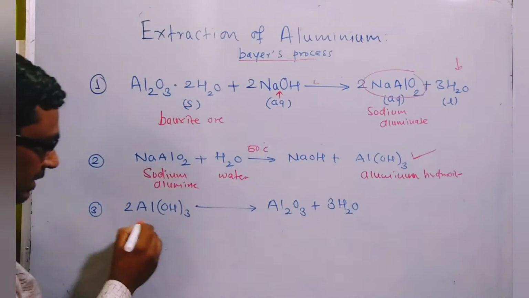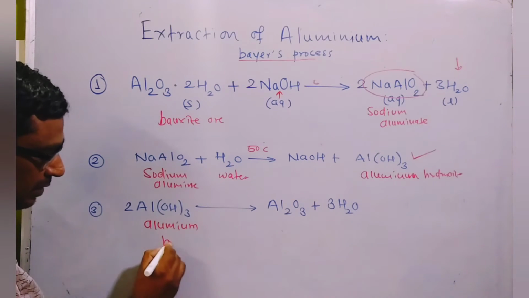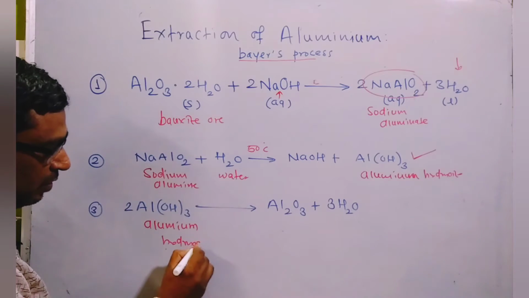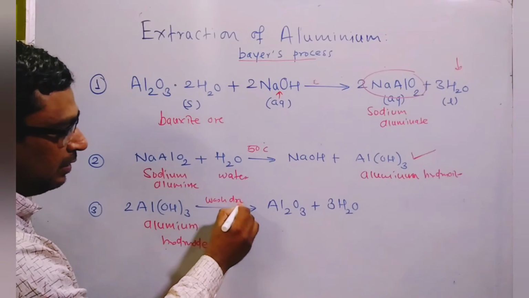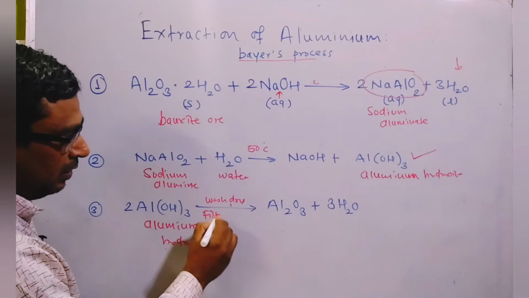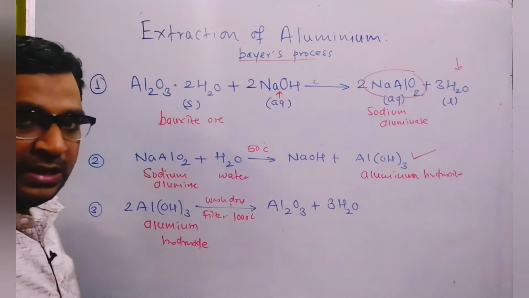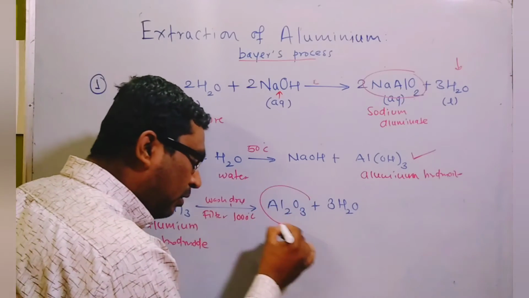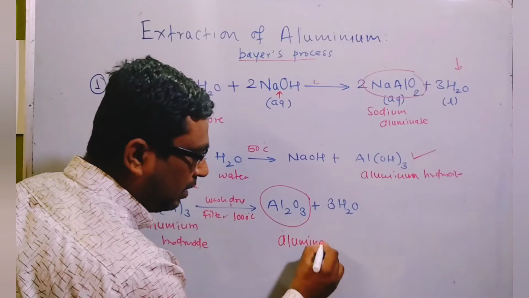And finally this aluminium hydroxide, we wash, we dry, we filter, and we apply the calcination process up to 1000 degrees Celsius, and this is the output, called alumina.